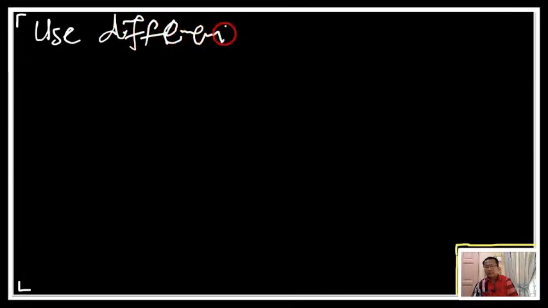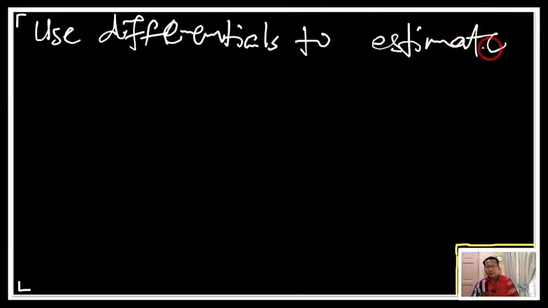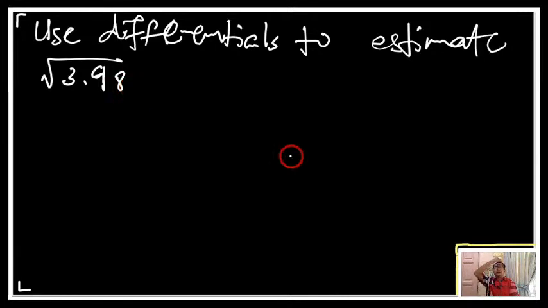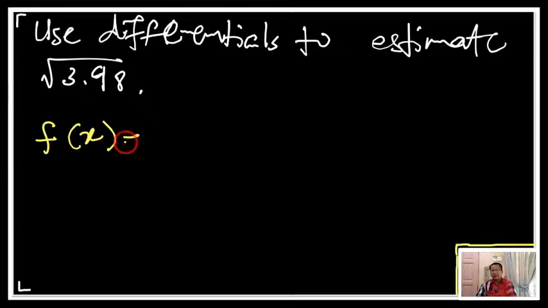Okay, use differentials to estimate the square root of 3.98. This time, you are not given a function, so you need to define the function. It's very easy. You use f(x) equal to, first you copy everything.